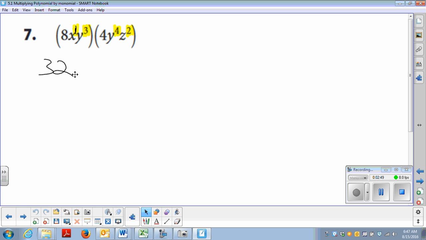Next, I'm going to add the exponents on each variable. So over here on the left, in my first monomial, I have x to the 1, but there's no x over here, so I'm just going to bring down the x to the 1. The y cubed, I can see I have a y to the 4th, so I'm going to add those two together and I'll get 7.